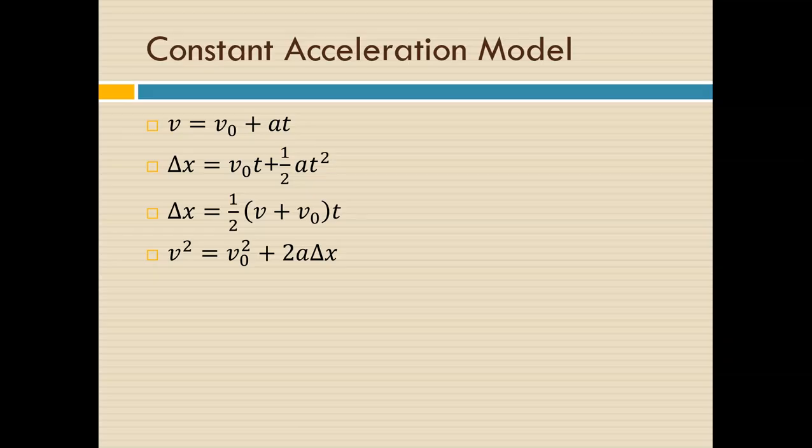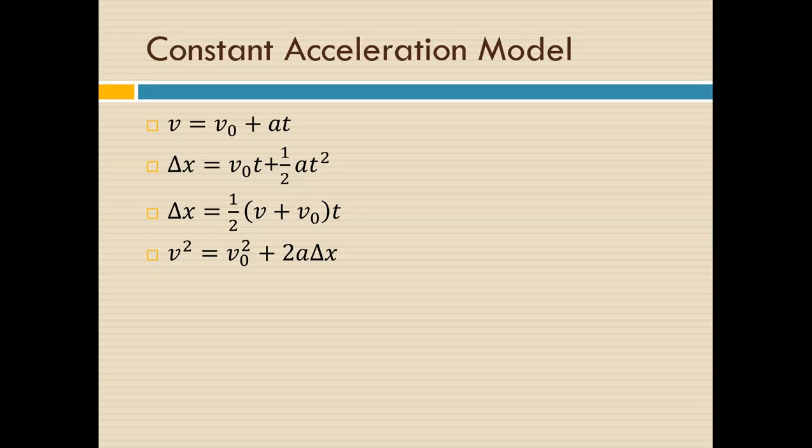Oh, by the way, what about constant velocity? Does this work for constant velocity? Yes, it does. Because in constant velocity, what's the acceleration? So if the acceleration is 0, the first equation becomes what? V equals v0. In the second equation, what does the second equation become? Yeah, all we need to do is read across.